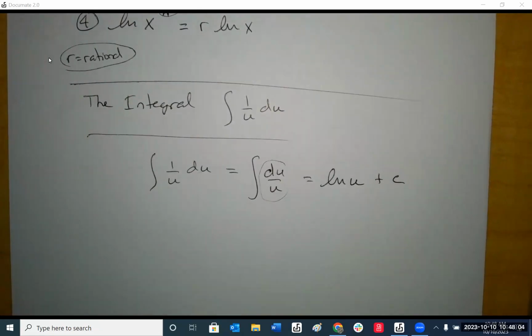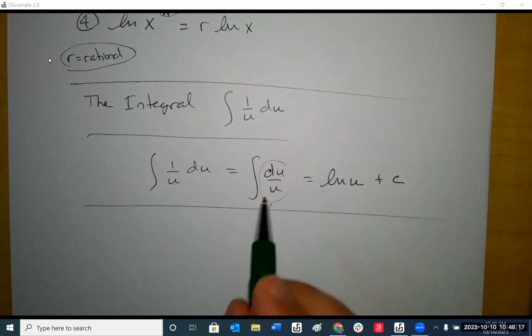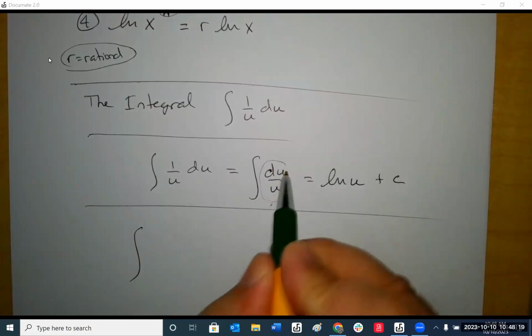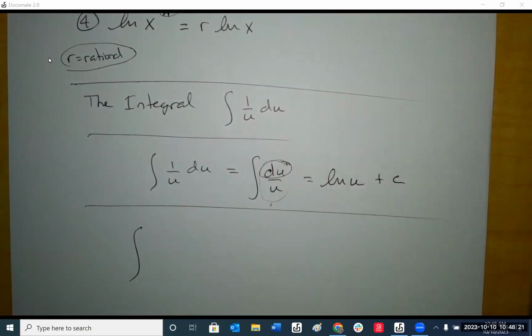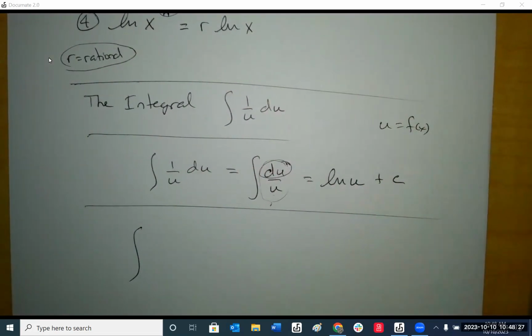Here's example 1. So what does this really mean? What this really means is this. du is a derivative of u, right? And we said that u was a function.